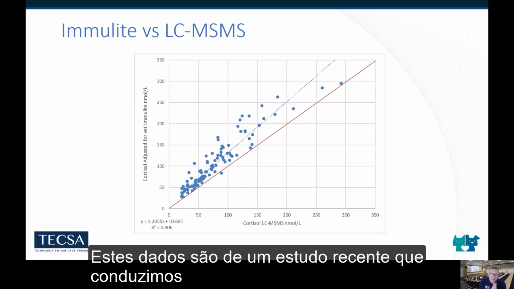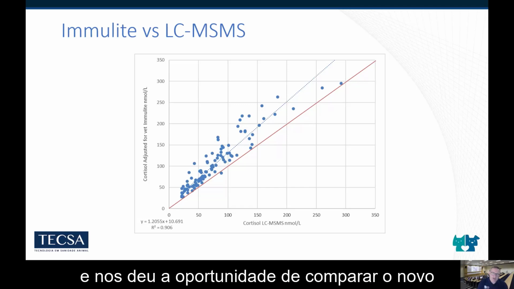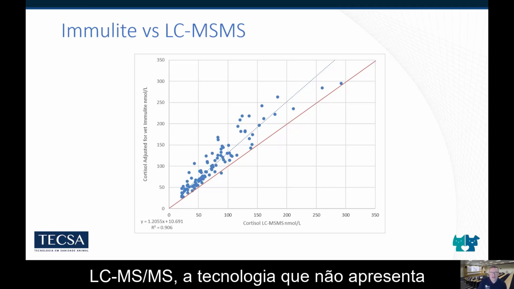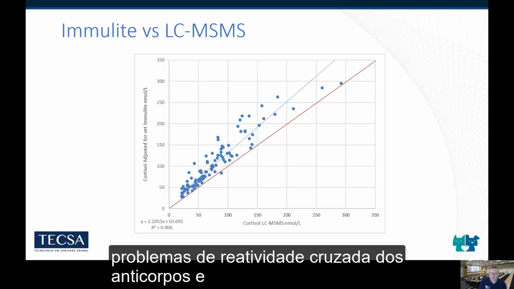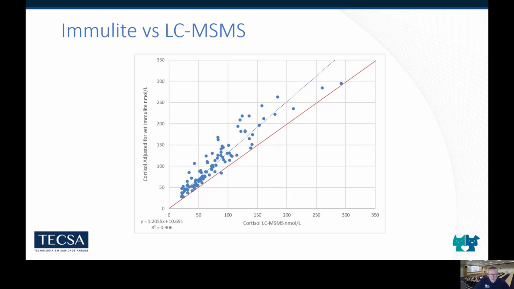This is some data from a recent study that we did, and this gives us the opportunity to compare that new Immulite cortisol method, the one that's only been available since late 2020, with LC-MS/MS. That's the technology which doesn't have the problems of antibody cross-reactivity and is starting to maybe become the new gold standard.